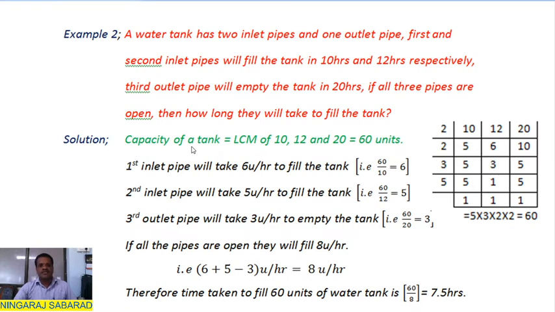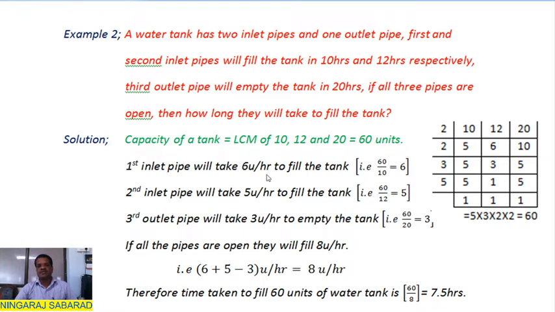See, the capacity of the tank is equal to the LCM of 10, 12 and 20. The LCM of 10, 12, 20 is 60. So the capacity of the tank is 60 units. Now the first inlet pipe will take 6 units per hour to fill the tank.